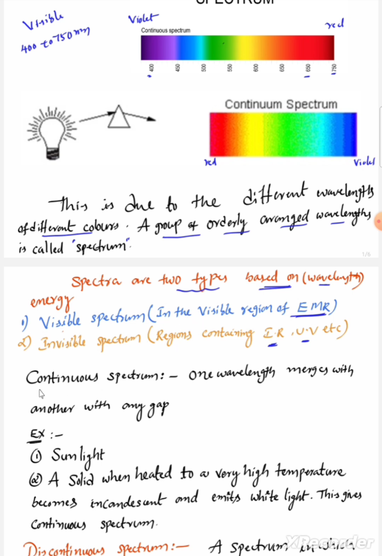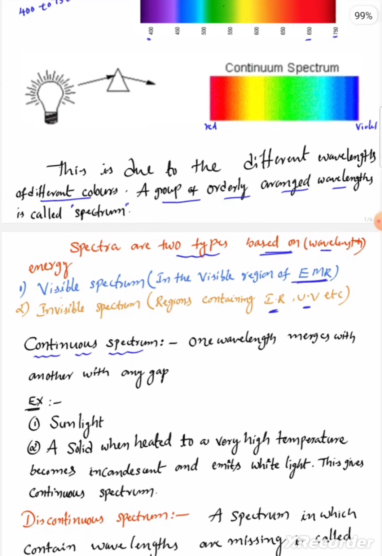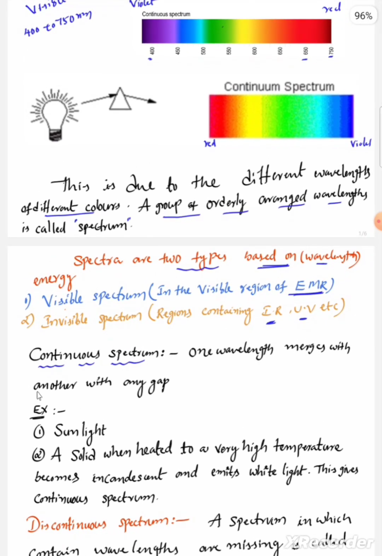This spectrum can be another form: continuous spectrum and discontinuous spectrum. In a continuous spectrum, one wavelength merges with the other wavelengths without any gap.